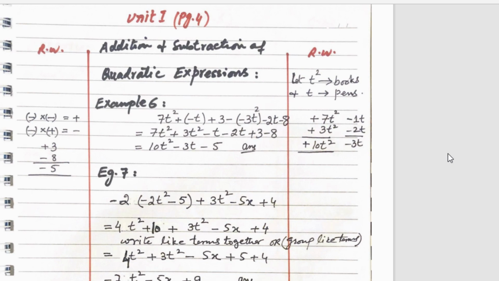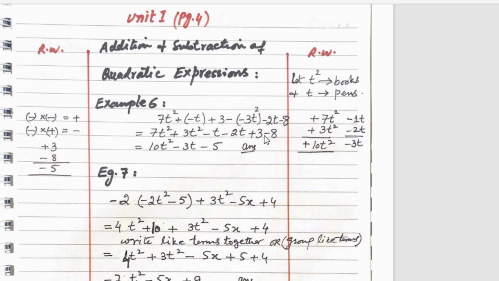Now example 6. Look at the statement. 7t square plus bracket. Wherever a bracket is coming, it is understood this is a sign of multiplication of the outer term's sign with the inner term's sign, right? Plus 3 minus into minus 3t square minus 2t minus 8.